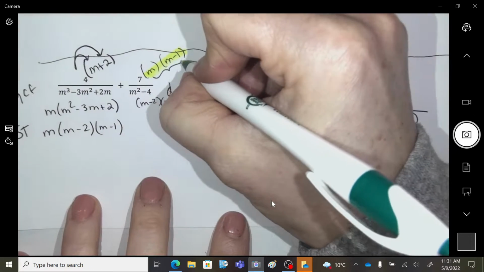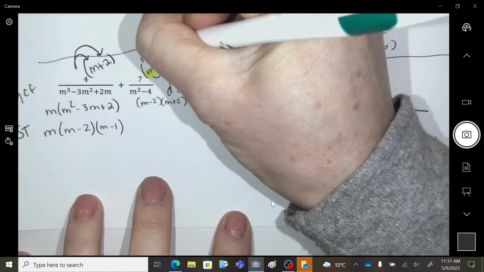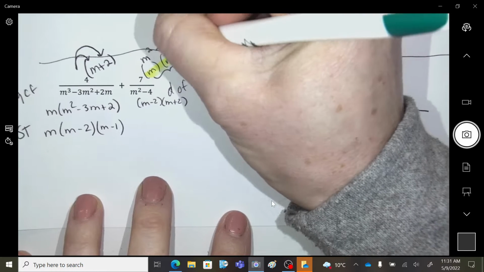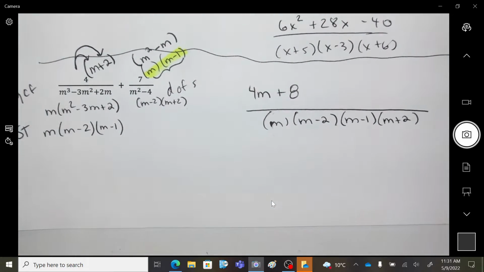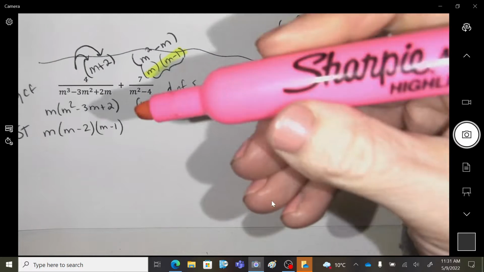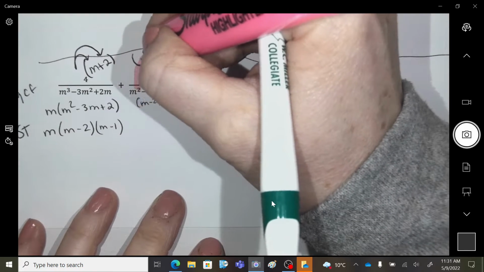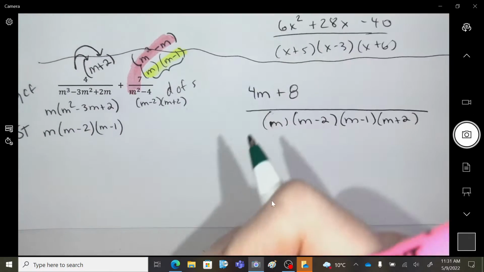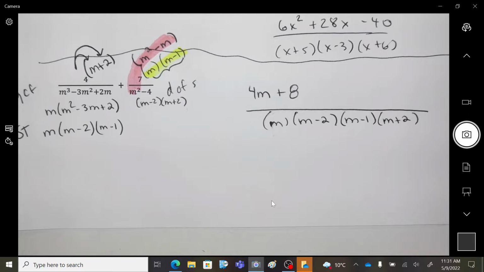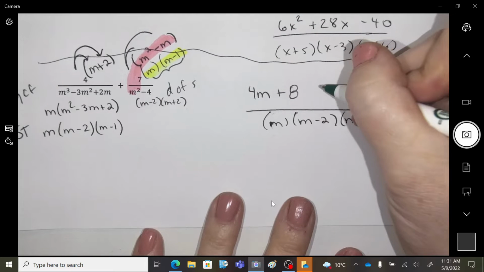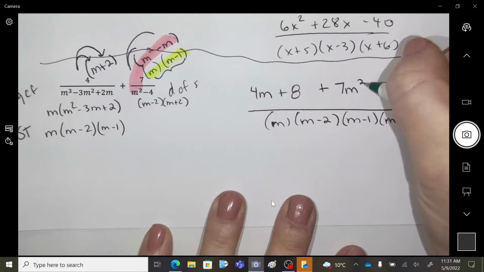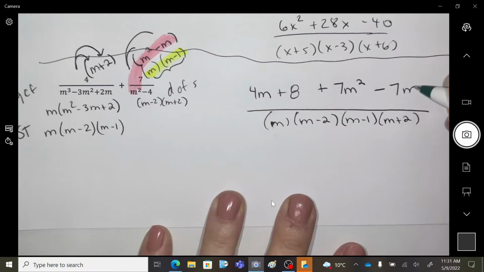So this will make m squared minus m. Now I'm going to multiply it by 7. So plus 7m squared minus 7m.